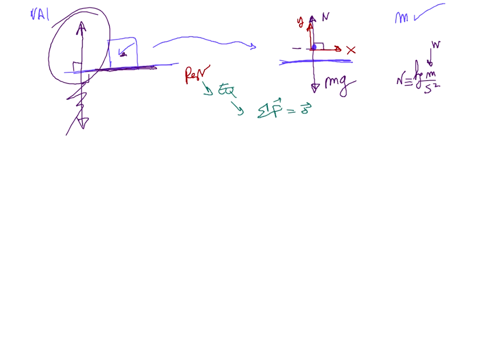Therefore, N in component notation is 0, N, and the weight in component notation is 0, negative mg. Therefore, as we apply Newton's first law in the y direction, we end up with N minus mg is equal to 0.